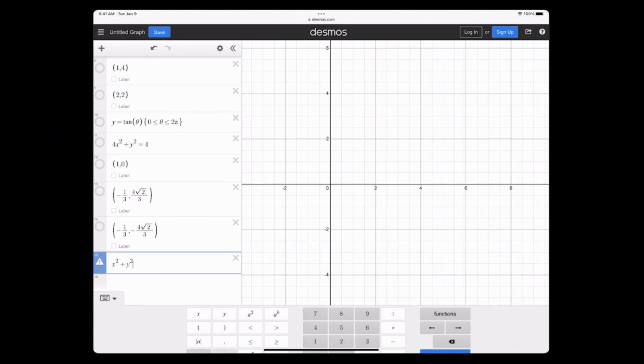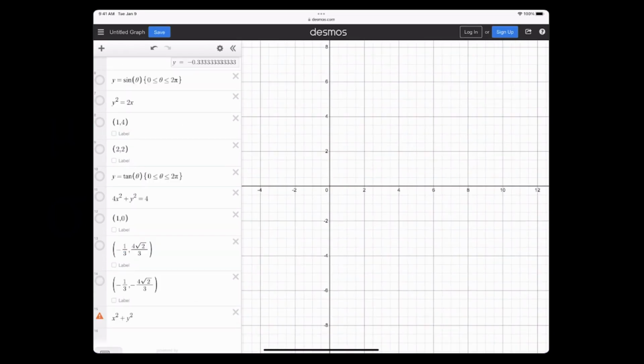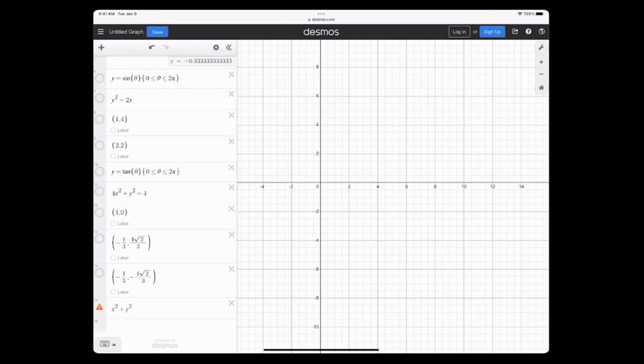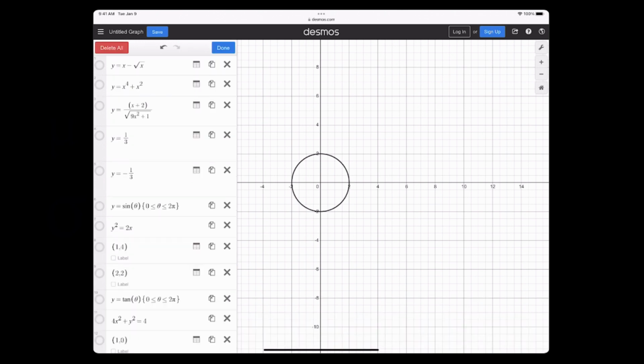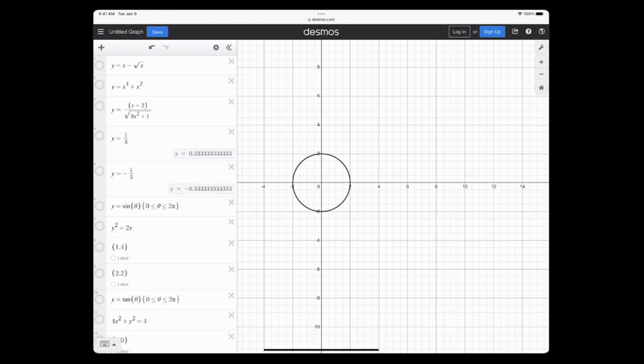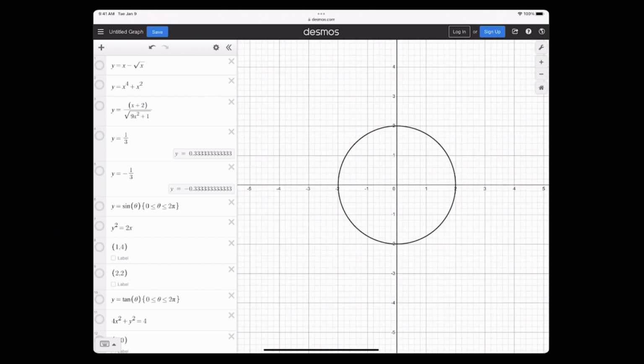Is there equal down here? What happened to the keyboard? Oh, there we go. Equals 4. Okay, let's change the color. Well, we'll keep it this way. All right.